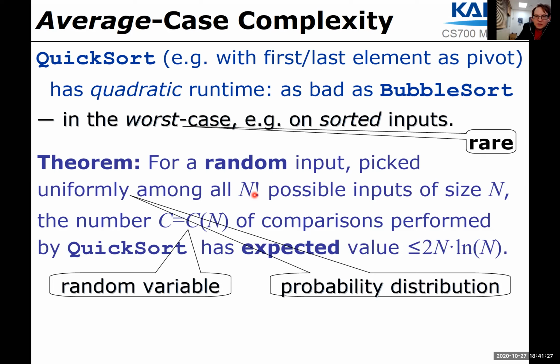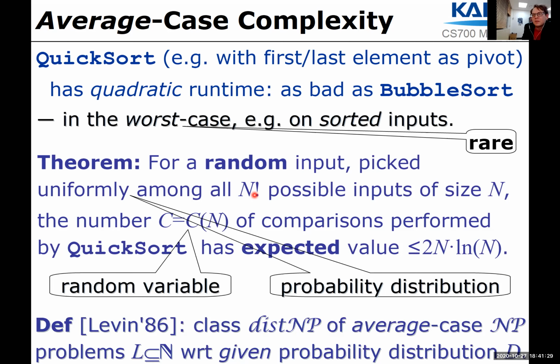And Leonid Levin, one of the two guys who invented the complexity class NP, actually introduced an average case version of the complexity class NP, which he called dist NP.